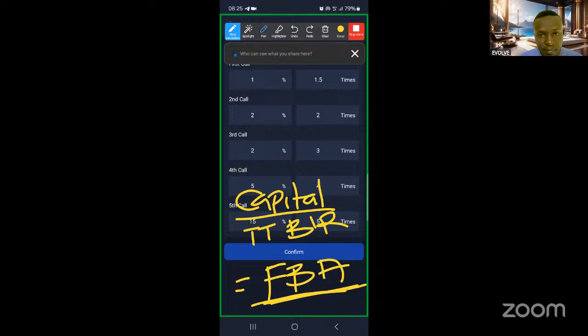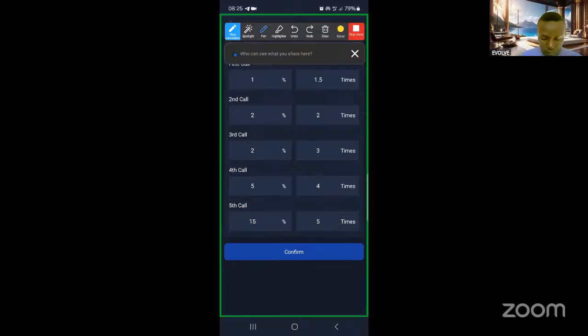Is it clear? Is it clear? So you add this.